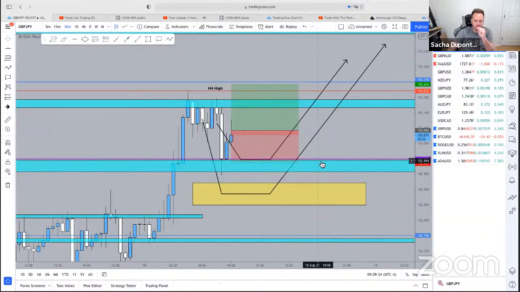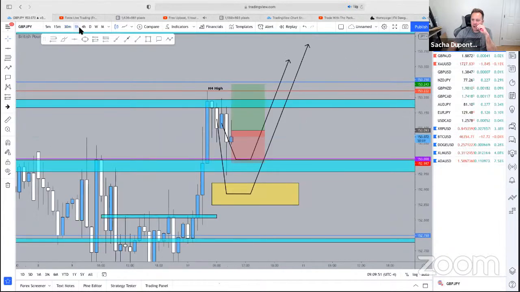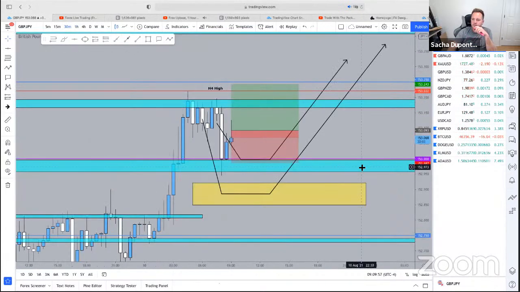So yeah, going against an H1 bearish is very risky.